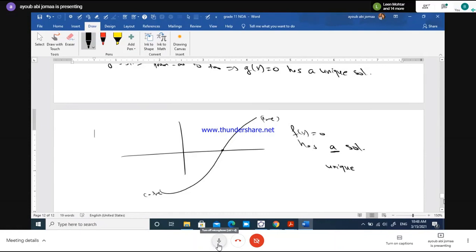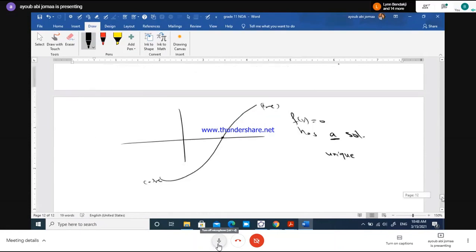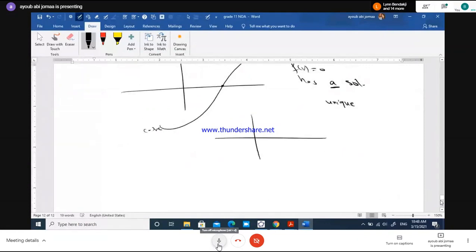Yes it is strictly decreasing and you have one solution in this interval. ايه مظبوط. كمان هون let's say from C to A we have one solution, from A to B we have one solution. مظبوط.